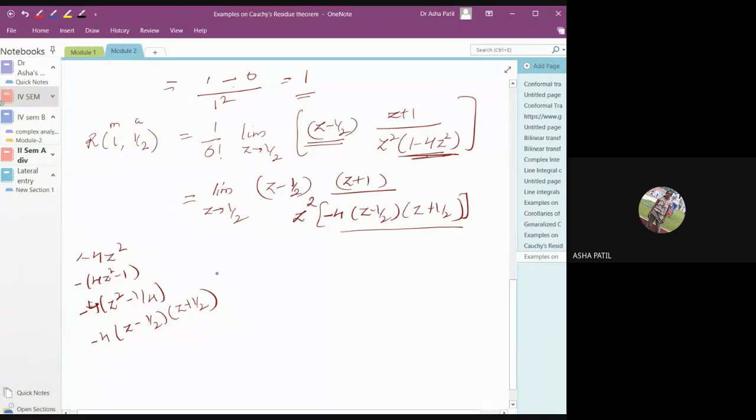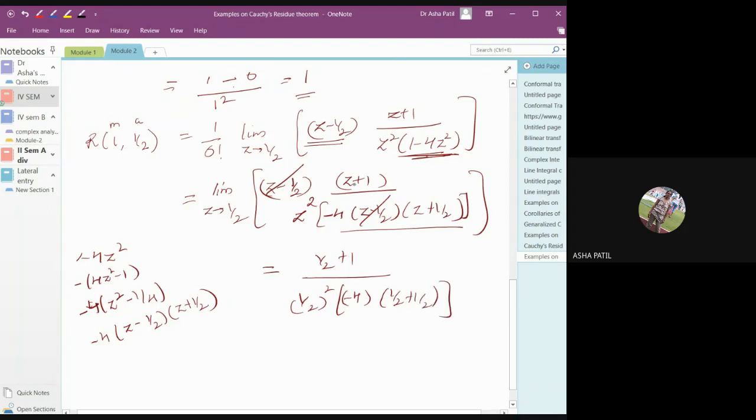Now see that we'll take the limits after cancelling the term. This z minus 1 by 2 cancels. Put z as 1 by 2. 1 by 2 plus 1. Here we have put 1 by 2, it is 1 by 2 plus 1.